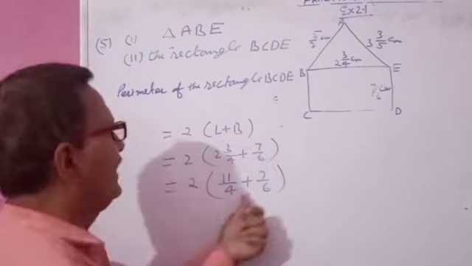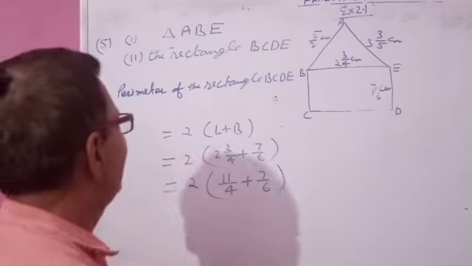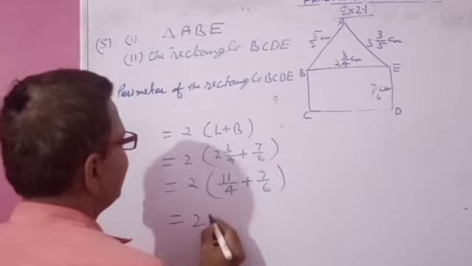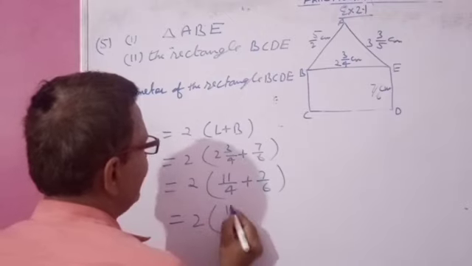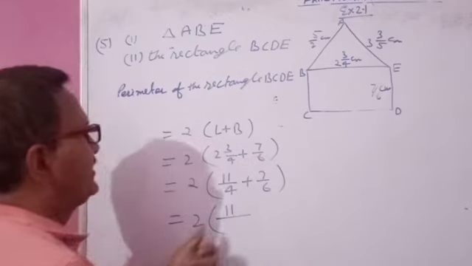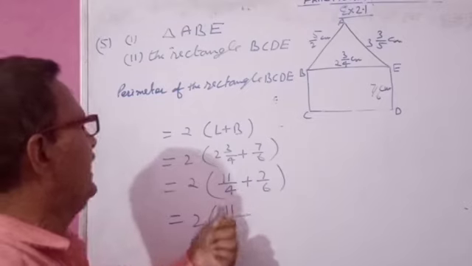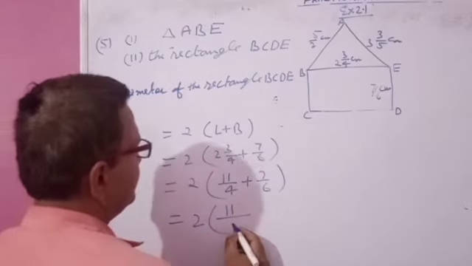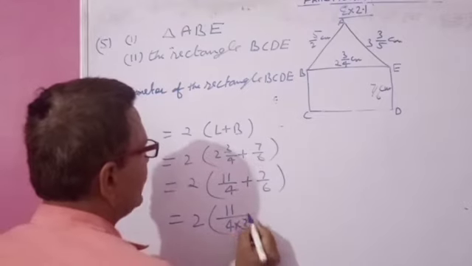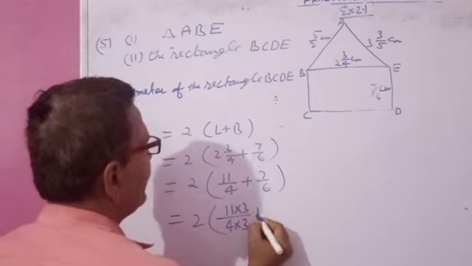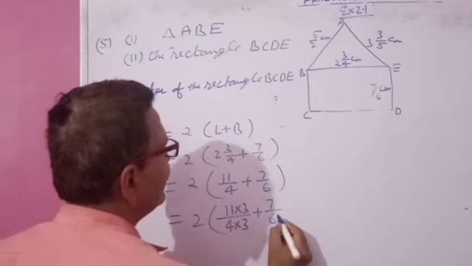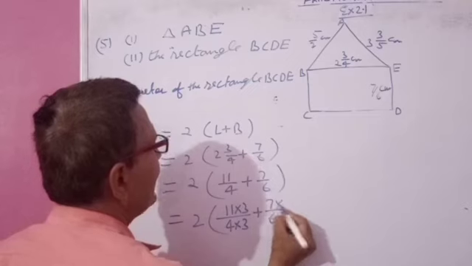The LCM of 4 and 6 is 12. So you will change these two fractions to denominator 12. You have to multiply numerator and denominator by 3 in the first fraction, and in this fraction you will multiply by 2.